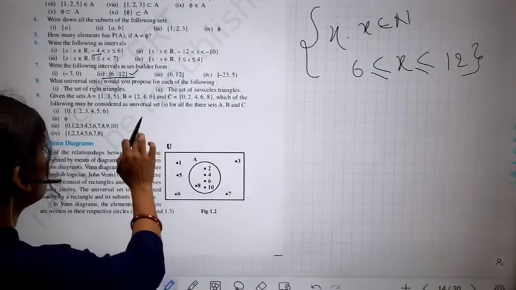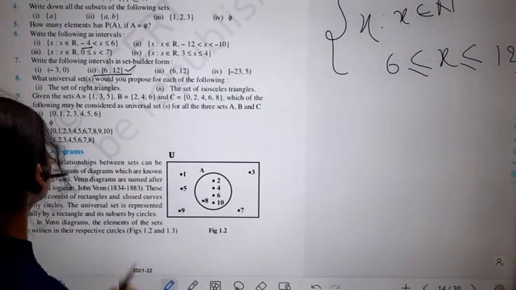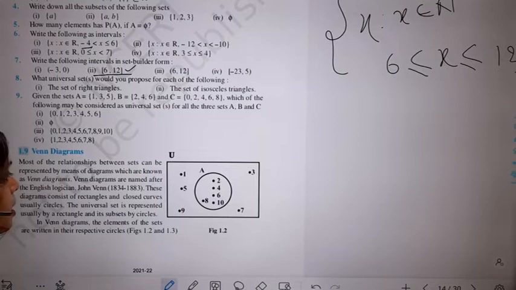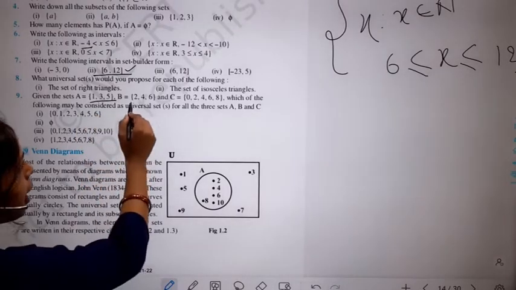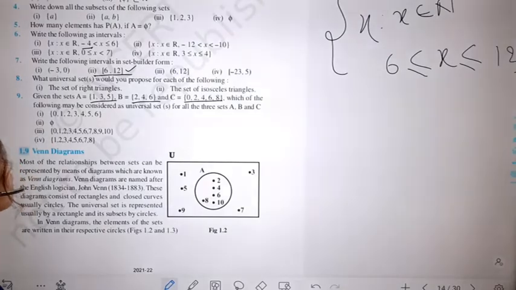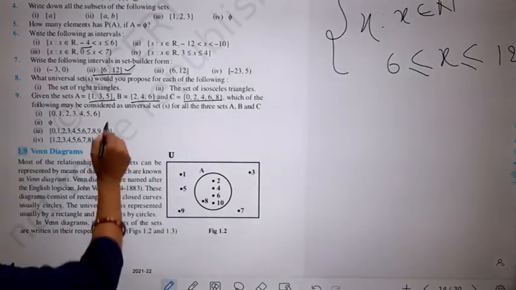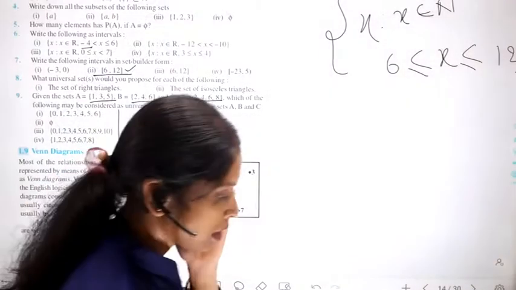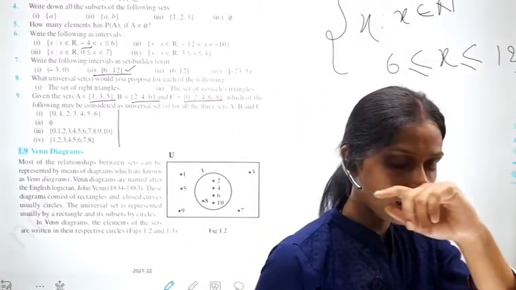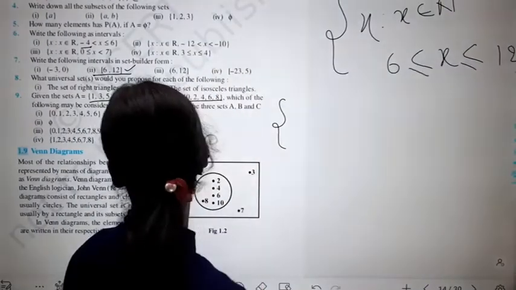Okay. Now, my next and last question of this chapter is, given the set A is equal to this one and B is equal to this one and C is equal to this one, which of the following may be considered a universal set? All will be considered as a universal set. Then you can make an element.